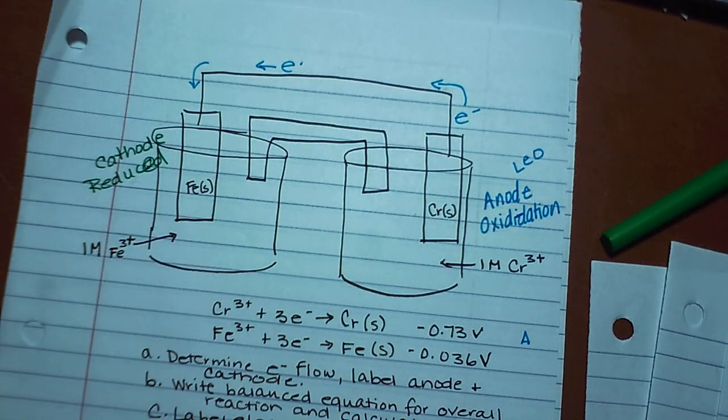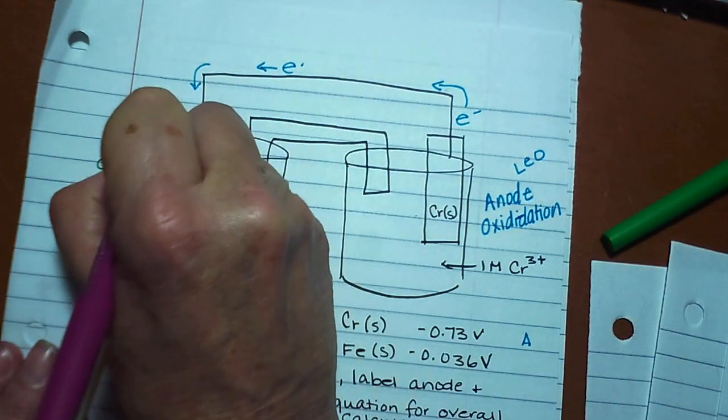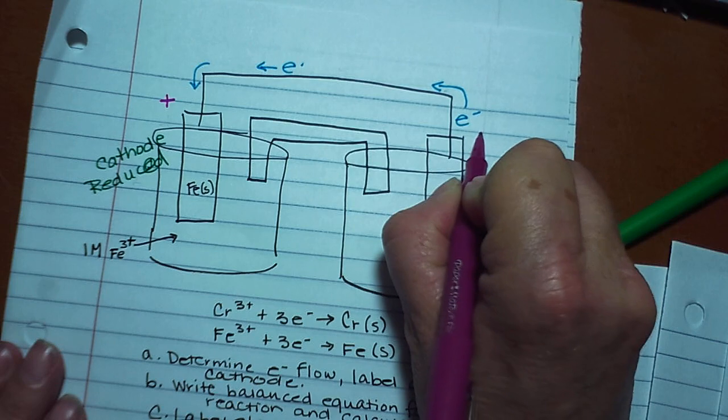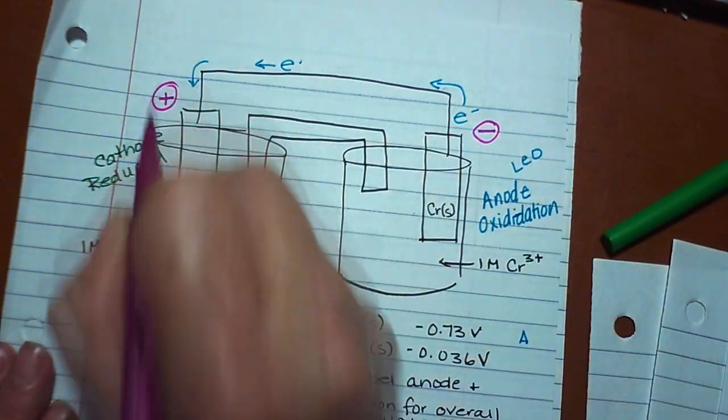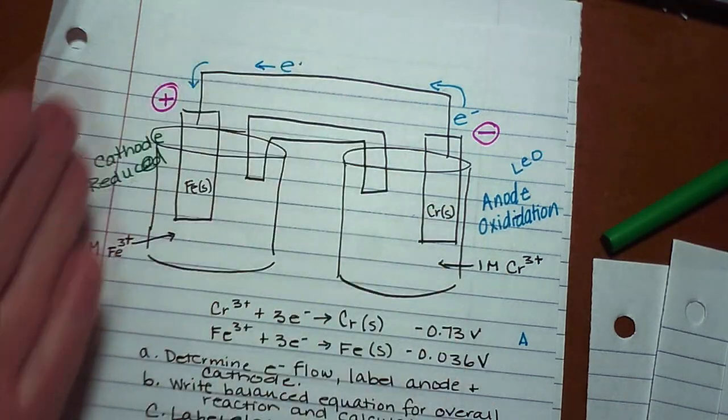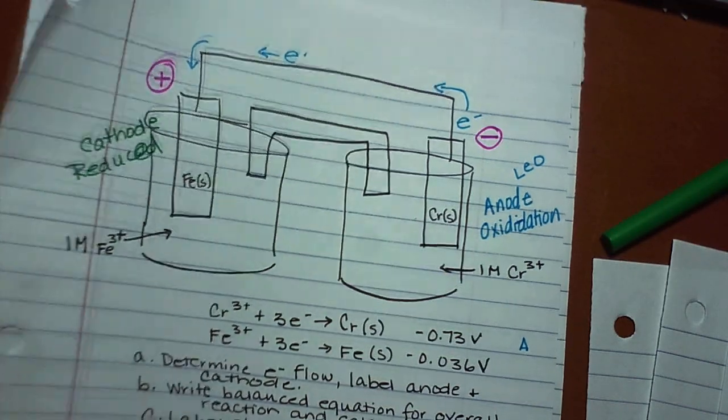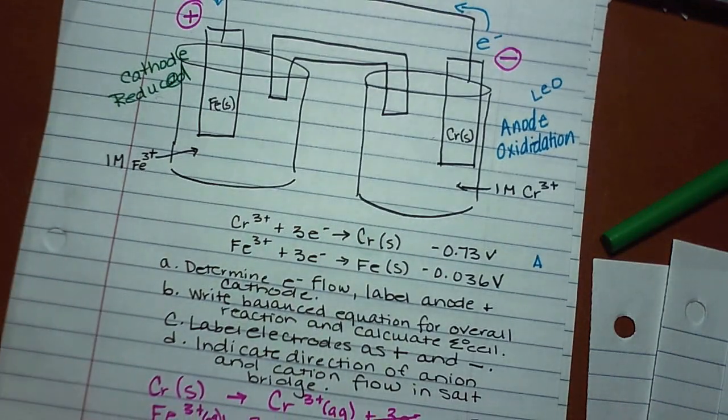This way. Why? Because they are attracted to the positive cation and they are leaving the negative anode. That's why. The electrons are headed toward the positive cathode.